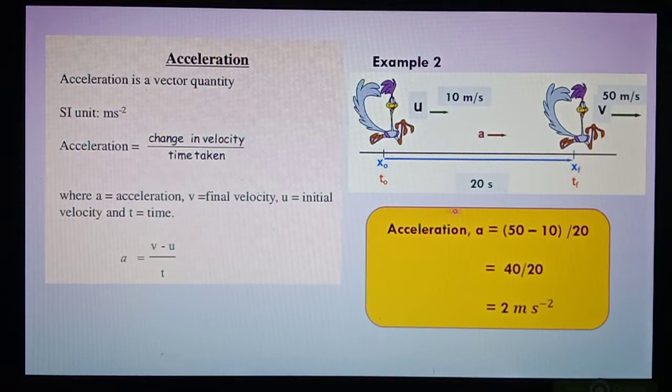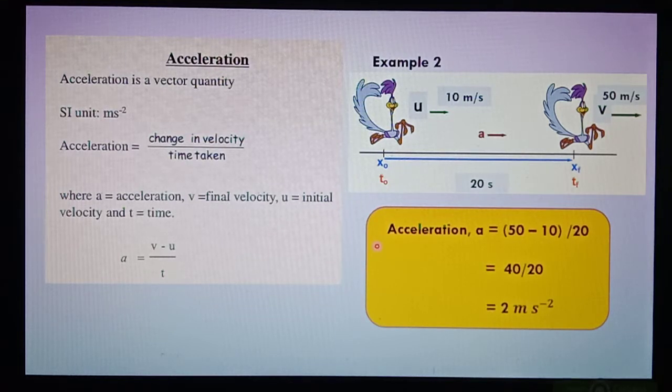Look at example 2. Acceleration from this diagram can be determined. The initial velocity u here is 10 meter per second. After 20 seconds, the velocity becomes 50 meter per second, so this will become the final velocity.